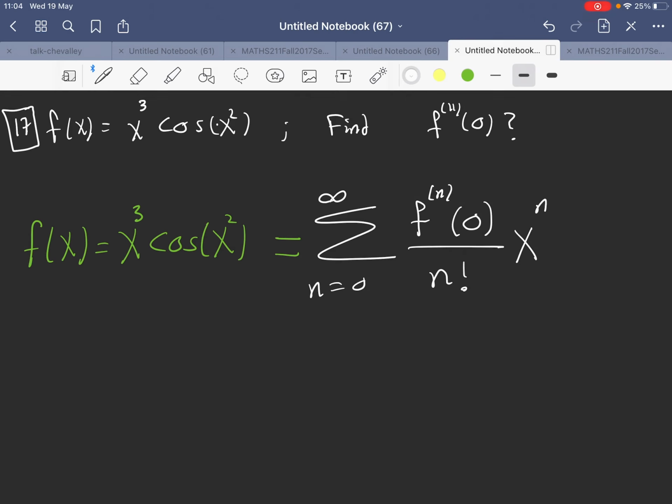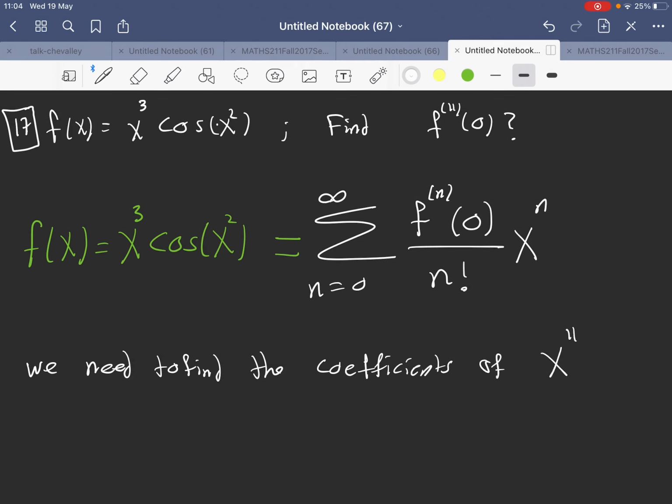Now, if we want to find f^(11), here we must have the 11. We must find x power 11. So let me write it down for you. We need to find the coefficient of x^11. That's what we are going to find.